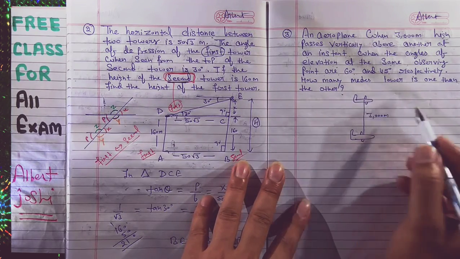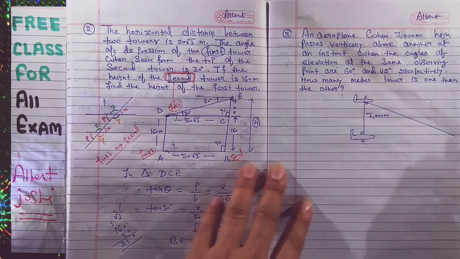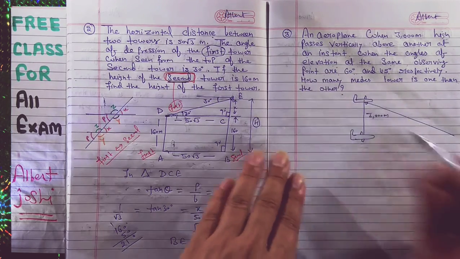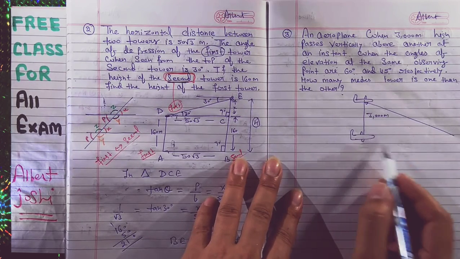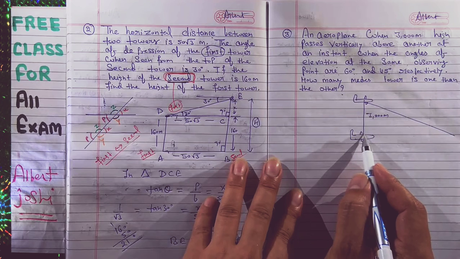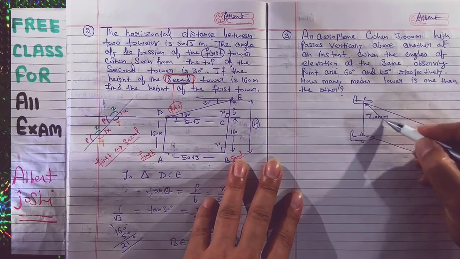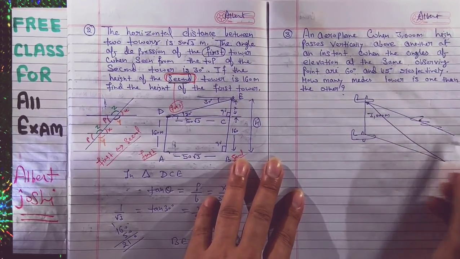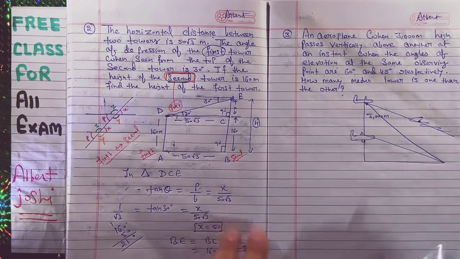So someone is looking. Elevation means someone is looking from below to above. So it is actually very difficult to draw this. Okay.